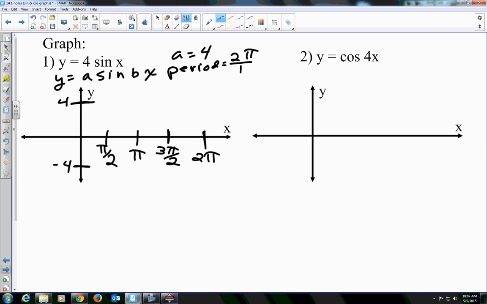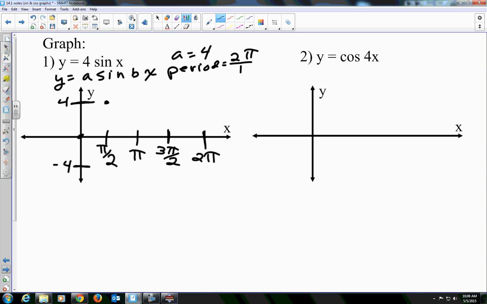Now the next thing I look at it and say, okay, this is a sine function, so where am I going to start? Sine of 0 is 0. So you're going to start at 0, and then sine goes up first, so you're going to go to pi over 2, and you're going to go to your high point.